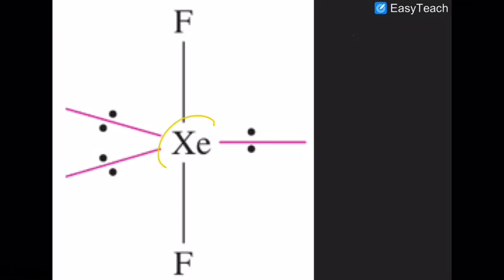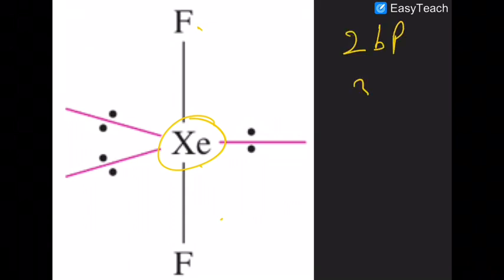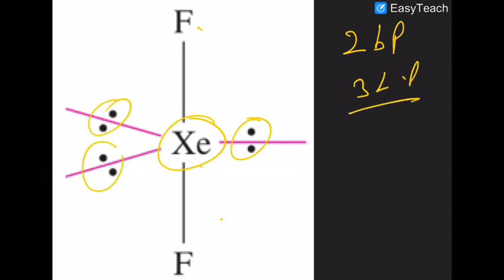Look at that once more. Xenon will occupy the central position. Fluorine is here. Now in this case, what is happening? There are two bond pairs and three lone pairs. So all three lone pairs occupy the equatorial position, and both fluorines are present at the axial position.